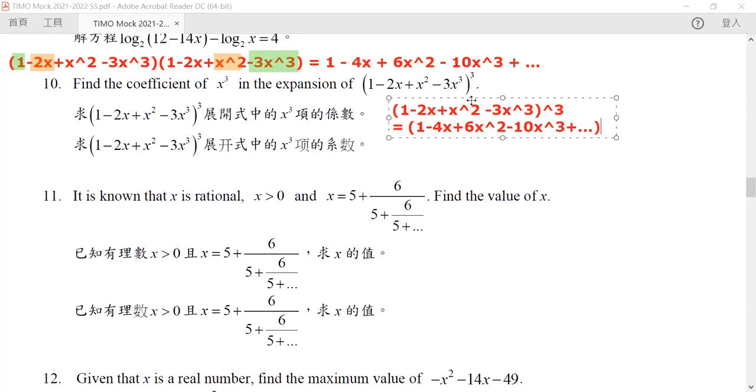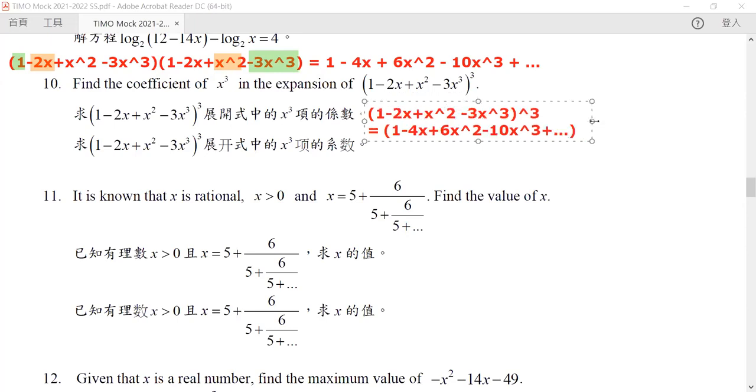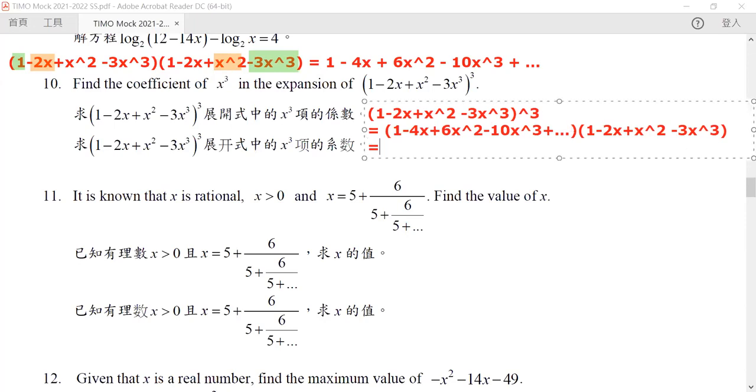So we replace the first 2 by our simplification, and then later on, we still have to calculate this, okay? Now, let us compute it. Notice that in here, do we need to consider the coefficient of our constant term, or x to the power 1, or x to the power 2? No, we only need to focus on the coefficients of our x to the power 3 now.